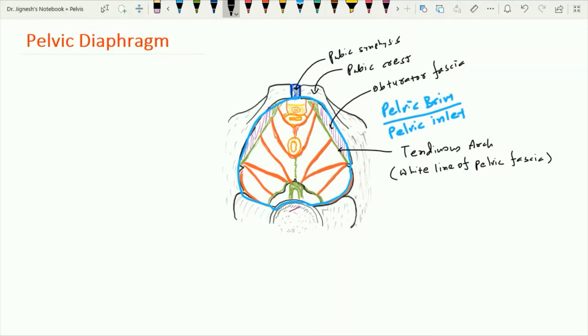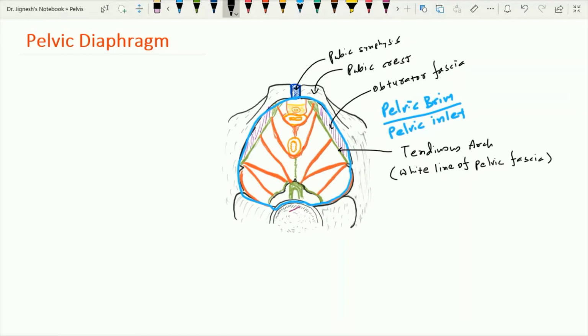This particular tendinous arch is incorrectly described as part of the obturator fascia because it is over the obturator fascia, but actually it is part of the pelvic fascia, because the levator ani muscle migrated caudally from the pelvic inlet to the pelvic cavity because of the adoption of the upright posture in man.